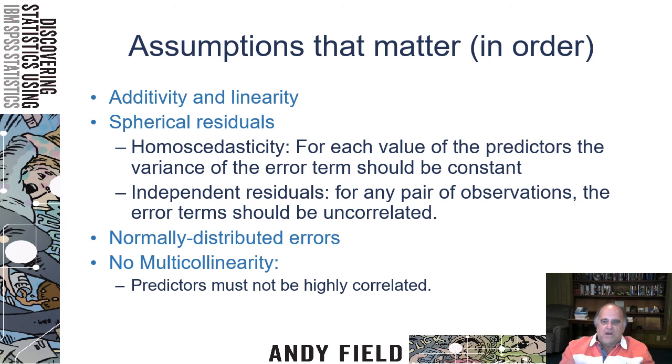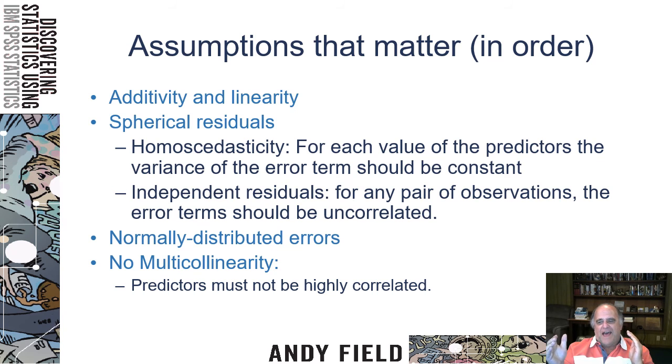So if x1 and x2 are highly correlated, and they're also correlated with y, what multicollinearity often does is x1 will have a high positive b, but x2 will have a negative b. Now that leads to odd situations, right?